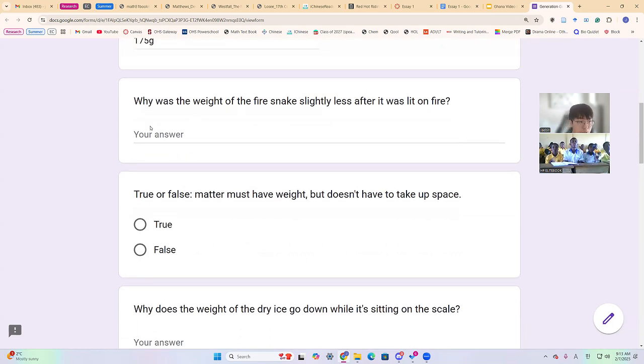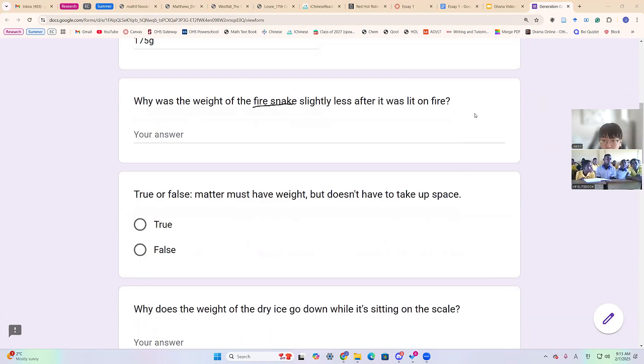Okay, the next question. Do you remember the fire snake? It was the one where he put sugar and baking soda onto the sand pile, and it made this huge snake-shaped reaction with the blown up sugar and baking soda.